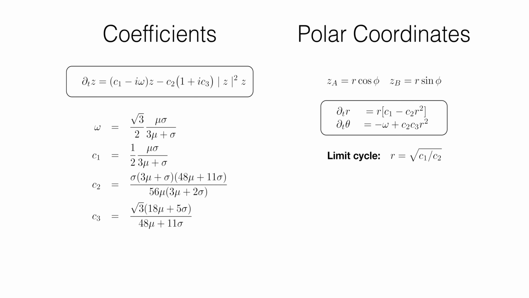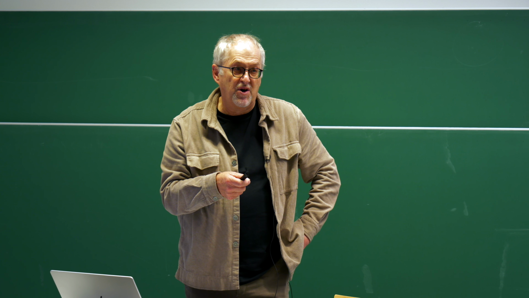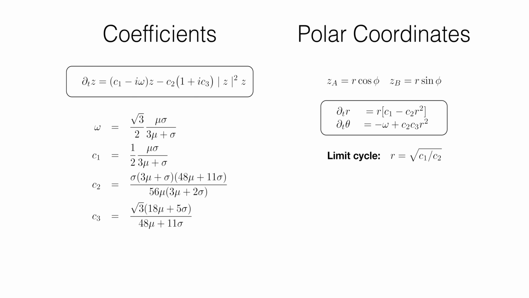And those microscopic parameters are the two rates, mu and sigma, that account for contest competition and scramble competition. So that's important that we have this list of parameters given in terms of microscopic values. And one thing you should note is there's 1, 2, 3, 4 parameters in the complex Ginzburg-Landau equation, but our actual model had only 2, namely mu and sigma, and therefore you can express these 4 variables in terms of 2 microscopic parameters.